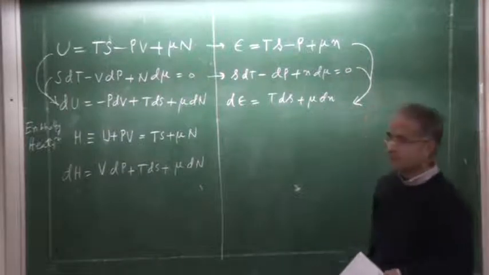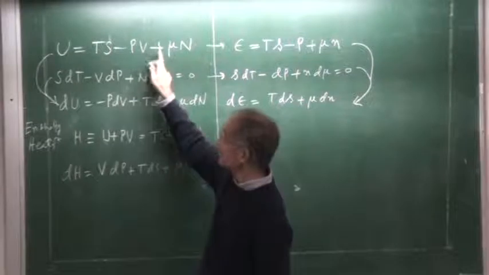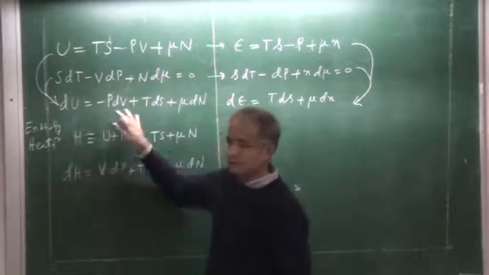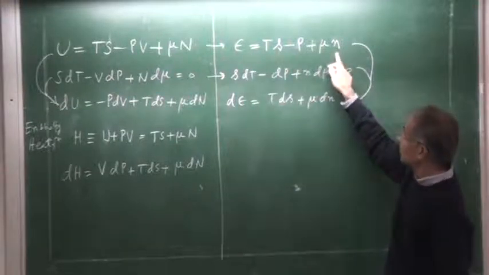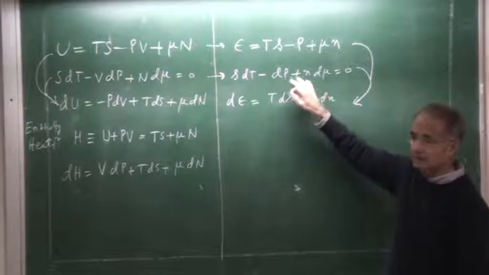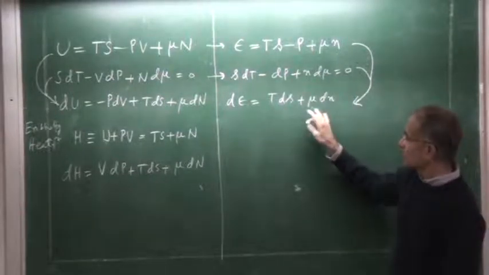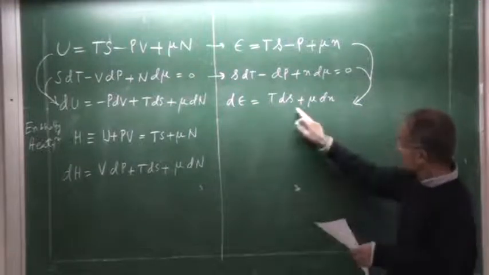We did this earlier by taking the differential of this, we had 6 terms, and using this we got this. Similarly, take the differential of this, you will get 5 terms. Out of those, the sum of 3 will vanish, and 2 remain. d epsilon is T ds plus mu dn.